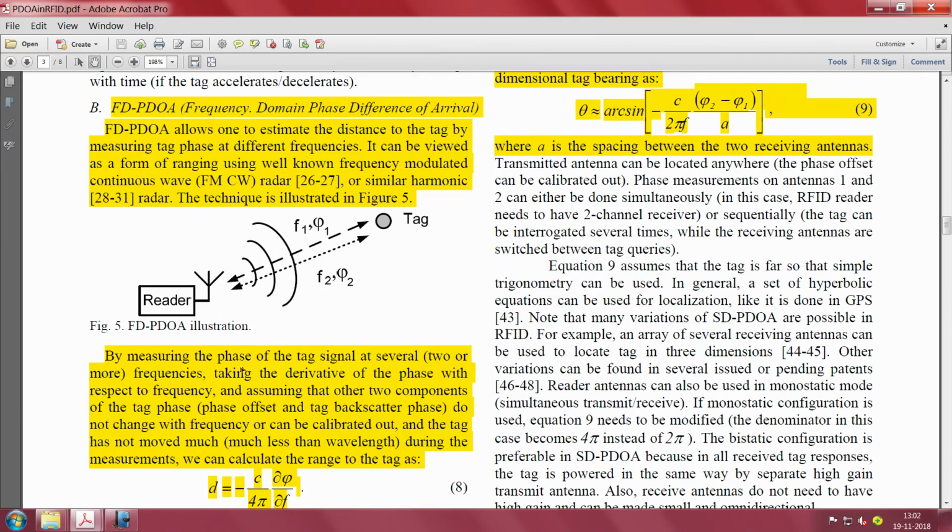You measure the phase of the tag signal at 2 or more frequencies, taking the derivative of the phase with respect to frequency, and assuming that the other two components of the tag phase, that is phase offset and tag backscatter phase, do not change with frequency or can be removed, calibrated out, and the tag has not moved much. This is important. During the measurement we can calculate using this very simple expression again, which is given here.